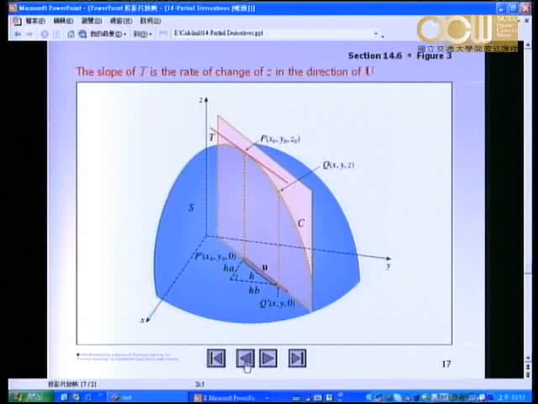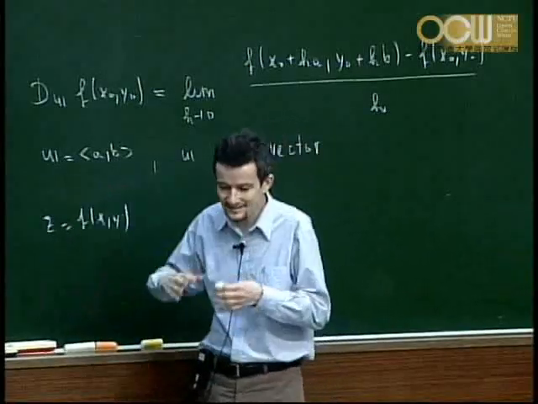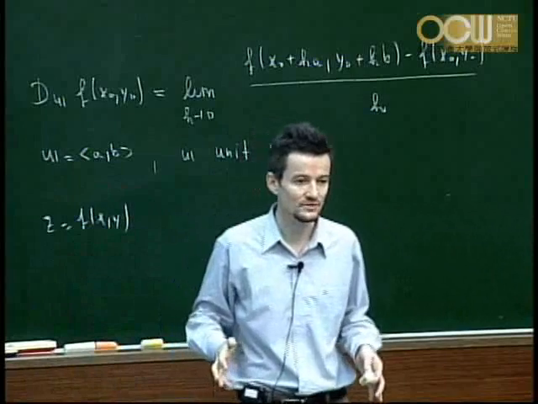P prime is the projection of P onto the xy plane, and Q prime is the projection of Q onto the xy plane. If you project this down, you get a vector from P prime to Q prime, and this vector, by definition, must be a multiple of u. I didn't need that u is a unit vector until now.